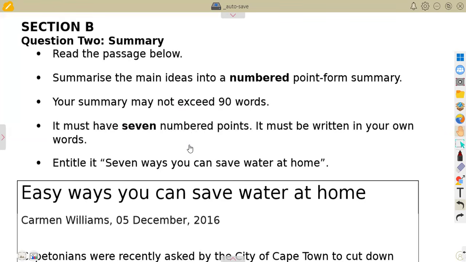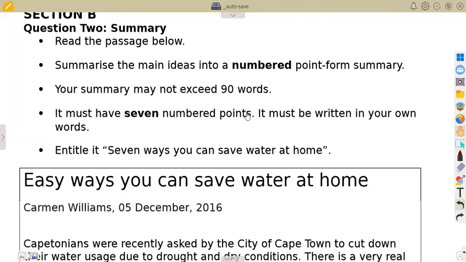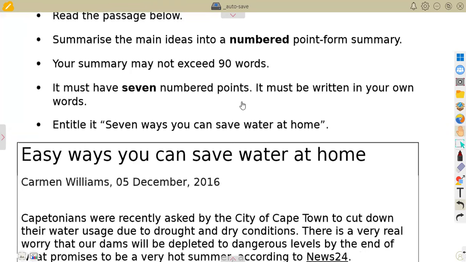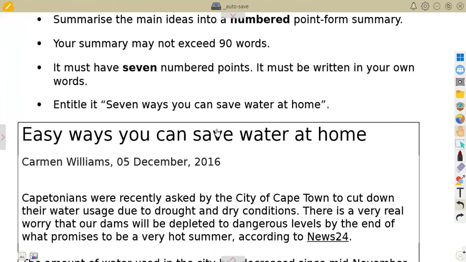It must have 7 numbered points, and it must be written in your own words. So as you are reading this passage, you are going to try and create your own wording. And please take note, grammatical errors and punctuation marks are taken into consideration.